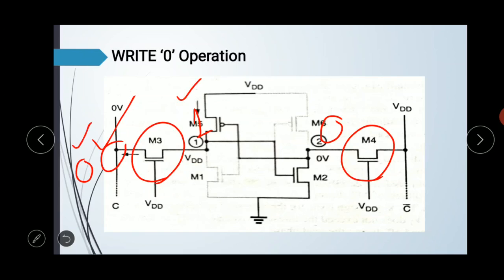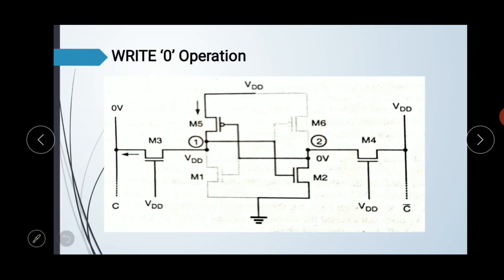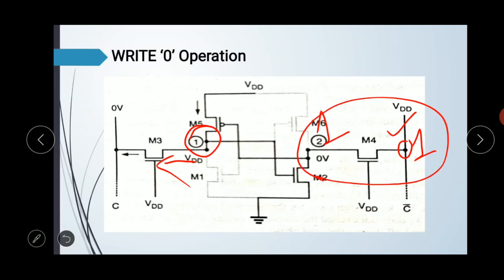So here the current starts to flow. Because of that, the node voltage starts to decrease, and here the value is at 1 because we did the pre-charge operation. So this node voltage is at 1 level, and we assume that Q bar is at 1, so there is no voltage difference present, so no change occurs.